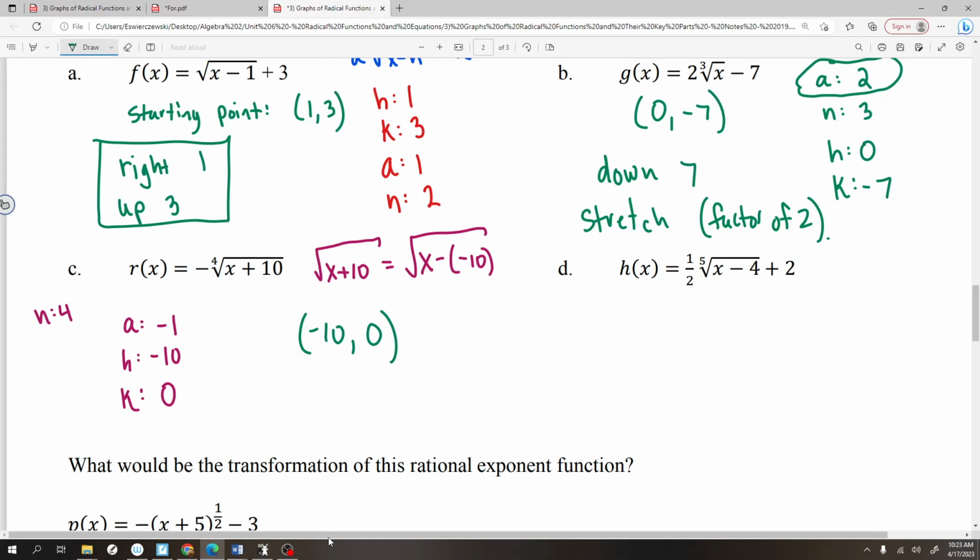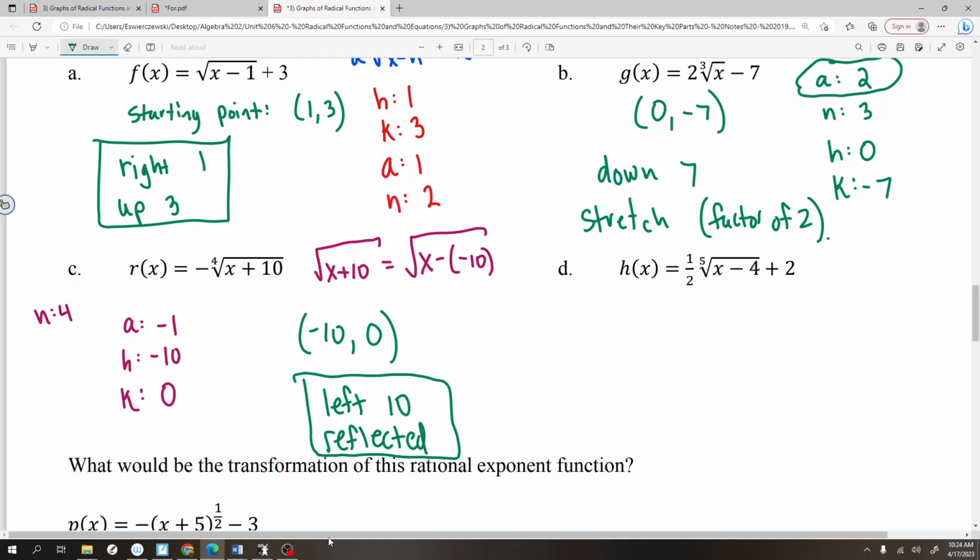That helps me with my transformations. Do I go left, right, up, or down? Left, how many, Roberto? 10. Up or down? Nothing. Now, what about A being negative? What does that do? Look at our notes. Reflect. So it's left 10 and it is reflected.